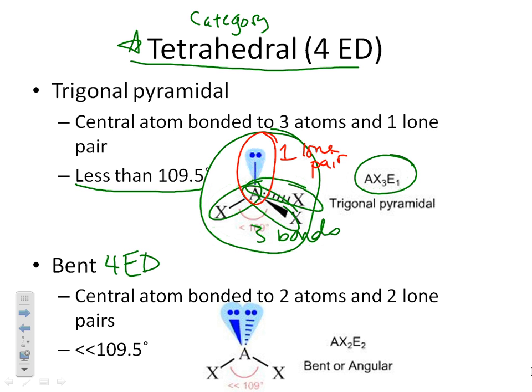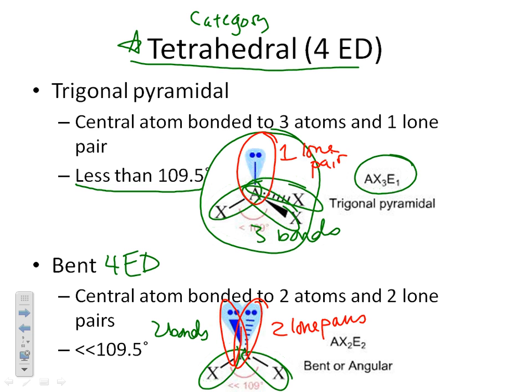So this particular bent has 4 electron domains, but again, drawing in this shape, we have 1, 2 bonds, and 1, 2 lone pairs. So again, this is our general formula right here, AX2E2, indicating that we've got 2 other atoms bonded to the central atom, but we also have 2 lone pairs.